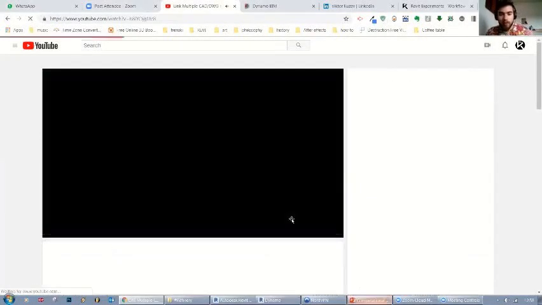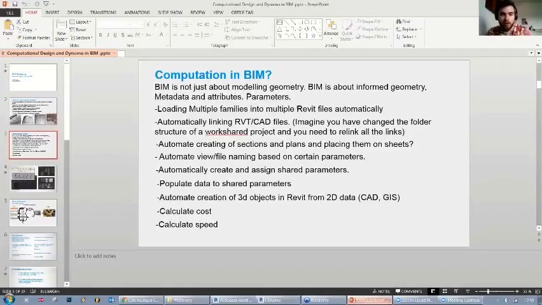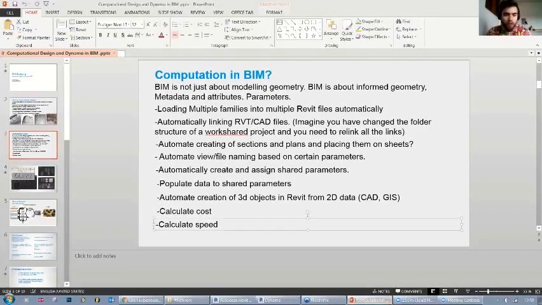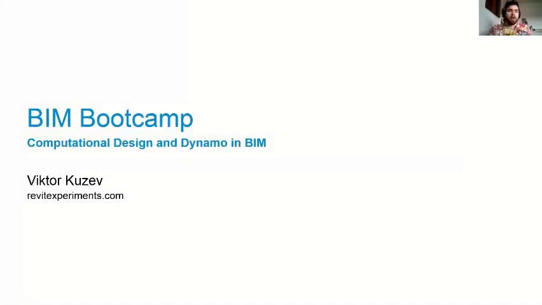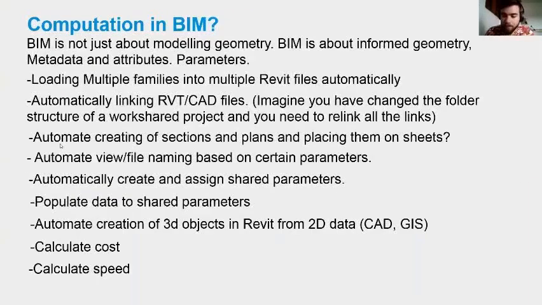Let me go back to my presentation. What other applications of computation in BIM do we have? We can automate the creation of sections and plans and placing them on sheets. We can automate view and file naming.